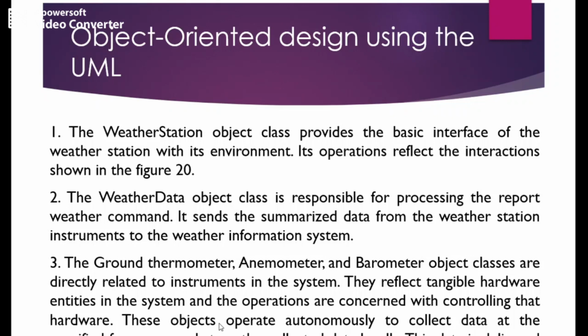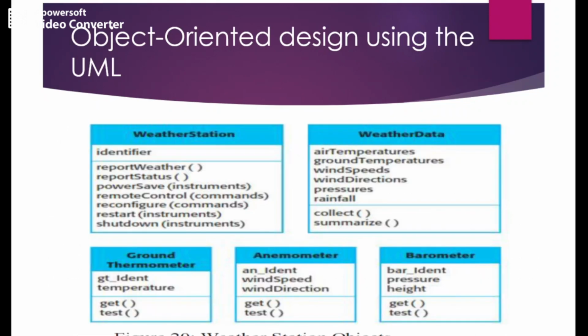These objects operate autonomously to collect data at the specified frequency and store the collected data locally, on the local machine. This data is delivered to the weather data object on request.